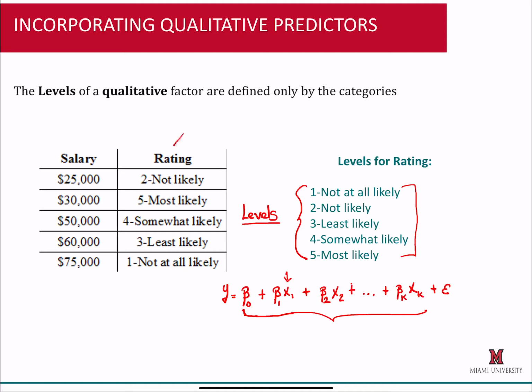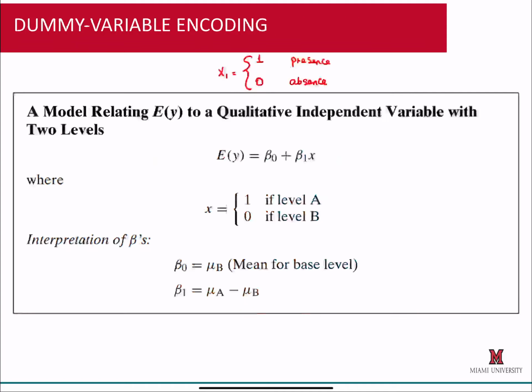In turn, we have to create many of them. Okay, so let's make the simplest example. Let's suppose that we have the variable status, and that is actually a binary variable with 2 levels, and those levels are single and married.